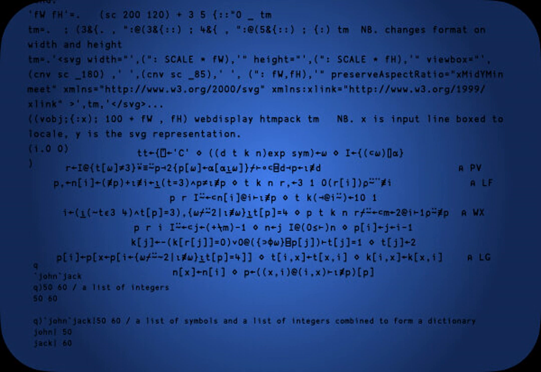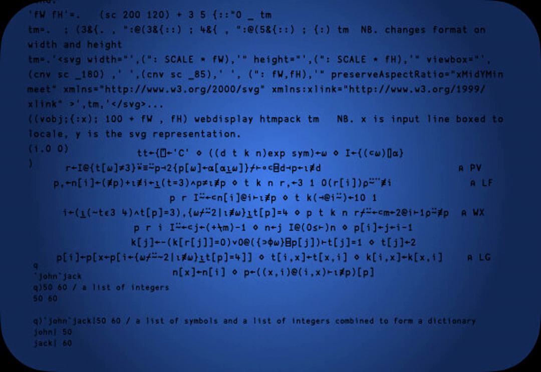You can get its value by saying dictionary bracket bracket. So you can take a dictionary apart, operate on it, and put it back together, which is sort of like enclose and disclose in APL. And we, as K programmers for years, took it for granted that that was the way you had to deal with dictionaries. The atomicity of dictionaries was taken for granted.